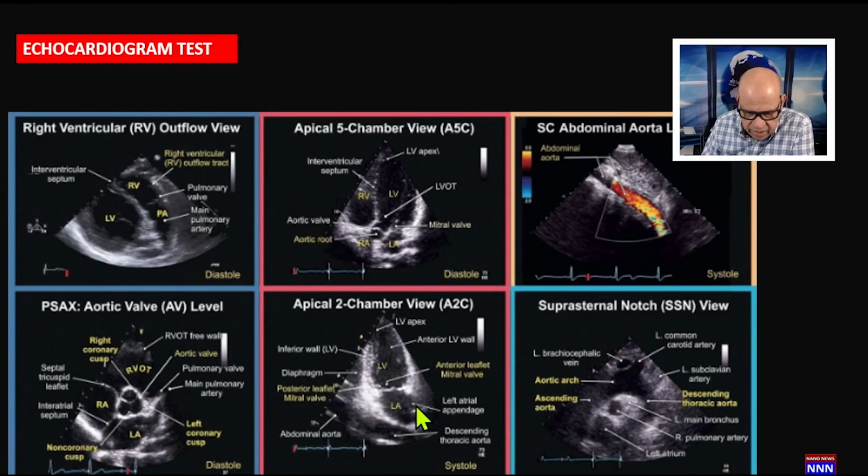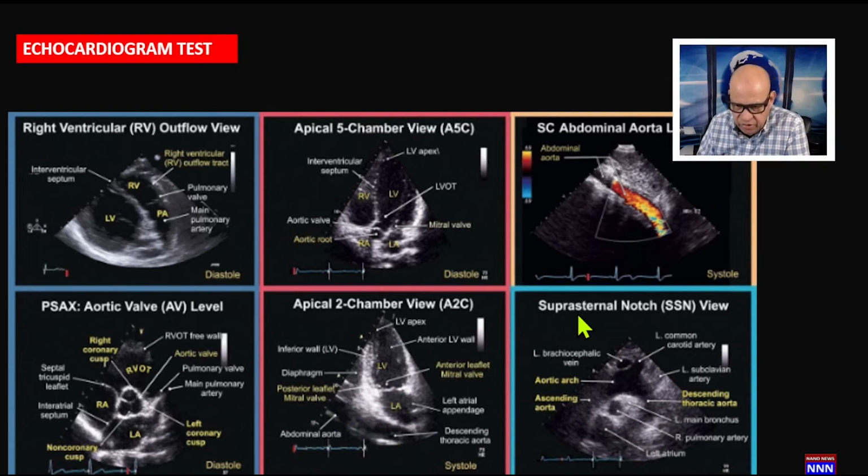And here we have the left atrial appendage, which we can see, but that's not the view we actually use to really rule out any left atrial appendage clots. And here we have the posterior leaflet of the mitral valve, which you can see, and this anterior leaflet. And of course, behind that, we see the abdominal aorta.